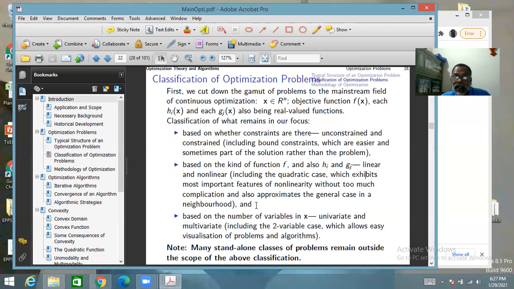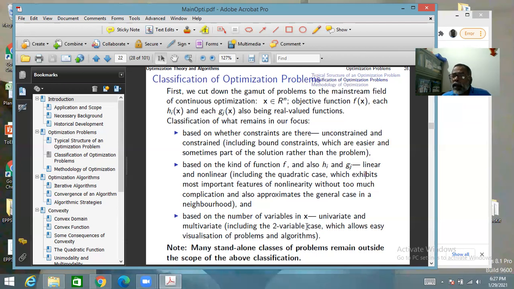Then there is a third basis of classification, number of variables in x. If there is a single one, then it is a scalar variable. Then you have univariate optimization. If there are many, then you will have multivariate optimization. Again, between a single variable and many variables, there is a sandwich case of two variables. What is so special about two variables?